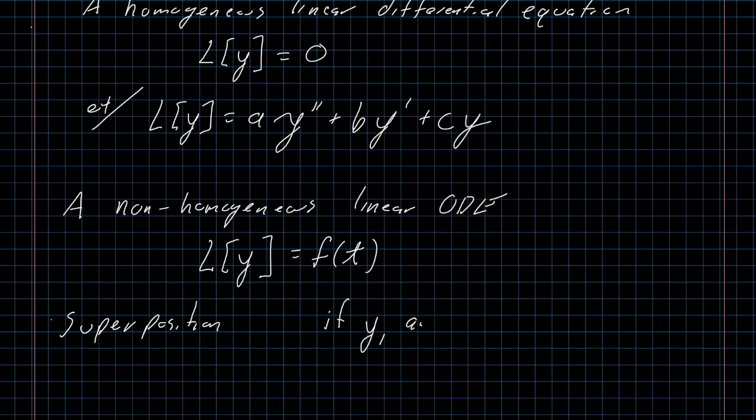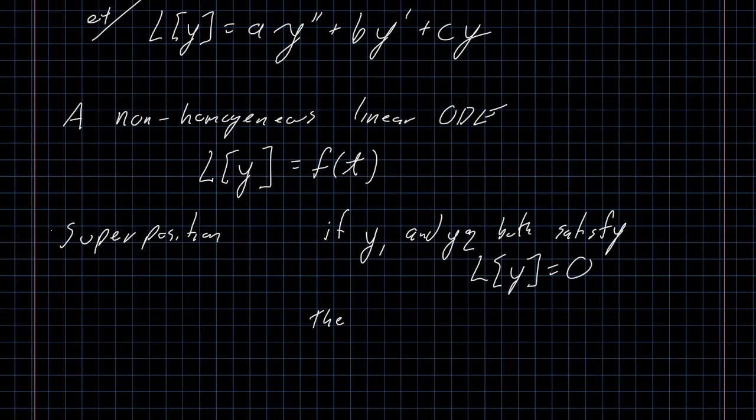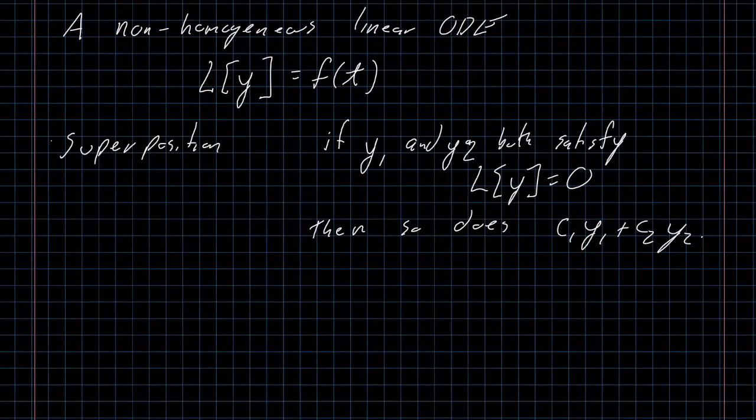If y1 and y2 both satisfy L on y equals 0, then so does the linear combination C1y1 plus C2y2. I want to extend the idea of superposition just slightly.